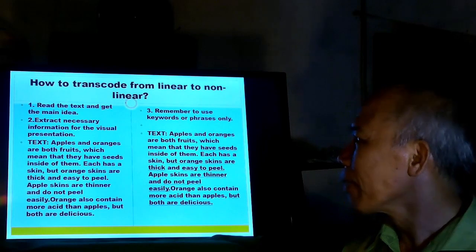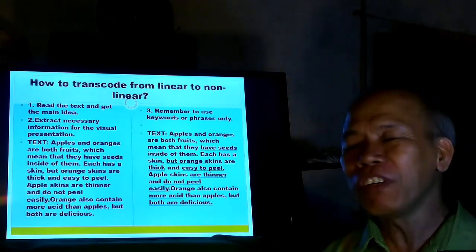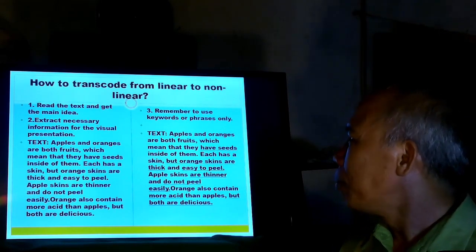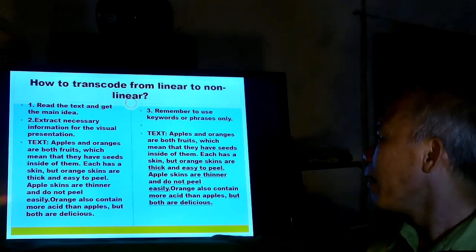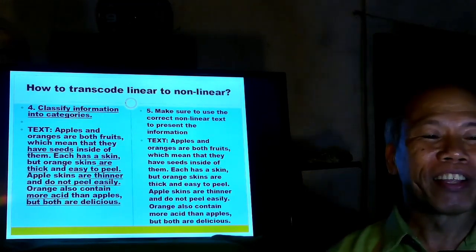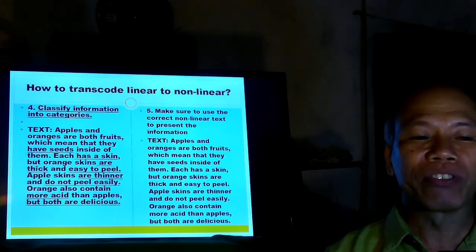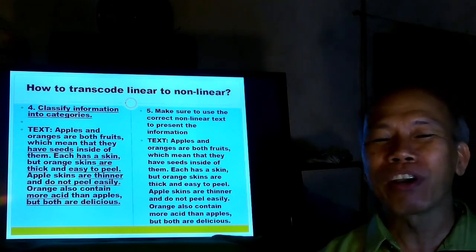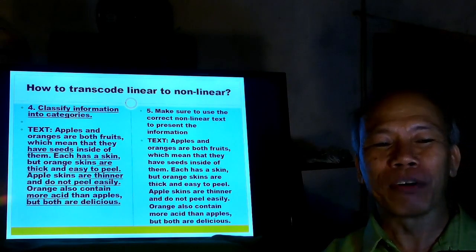Number 2, extract necessary information for the visual presentation. Number 3, remember to use keywords or phrases only. Number 4, clearly classify information into categories. Number 5, make sure to use the correct non-linear text to present the information.